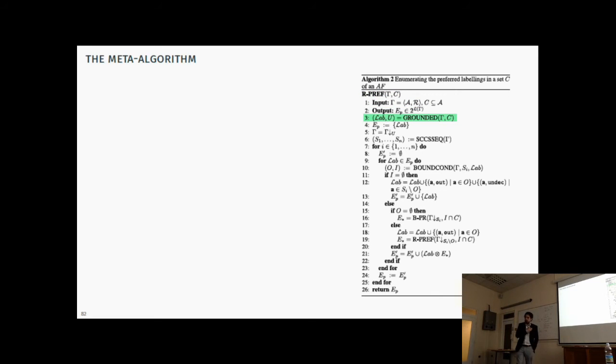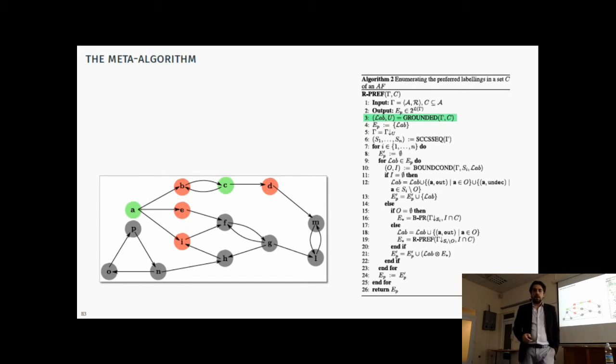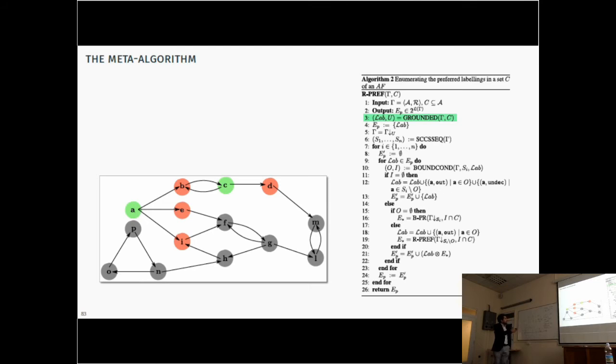We first compute the grounded extension, because we know by theoretical studies that the grounded extension is always inside every preferred extension, so this is just a pre-processing stage, not very interesting. Which means that in this case, in the example, for the grounded, we just say this is in, all these three are out, and this is in, and this is out.